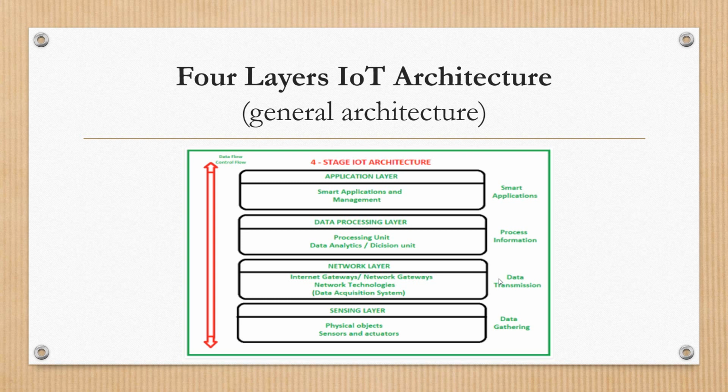The role of the sensing layer is to collect data from the environment via sensors, and it performs physical actions via the actuators, and at the end it can push the collected data to the next layer, which is the network layer, or some call it the gateway or network layer.